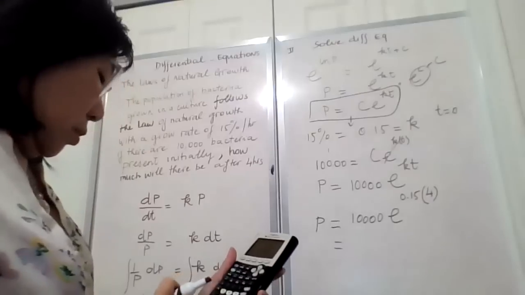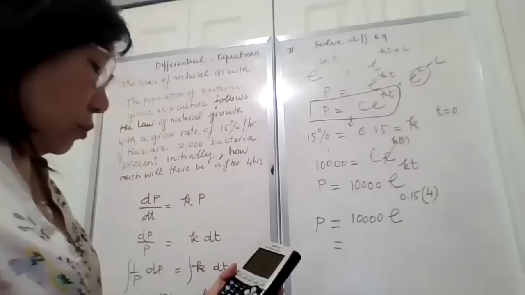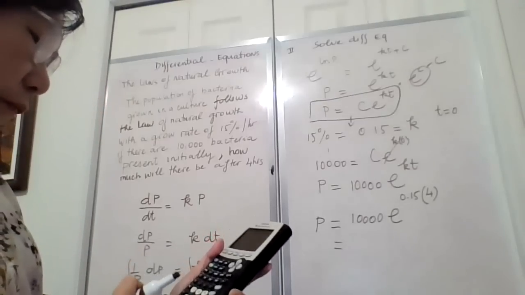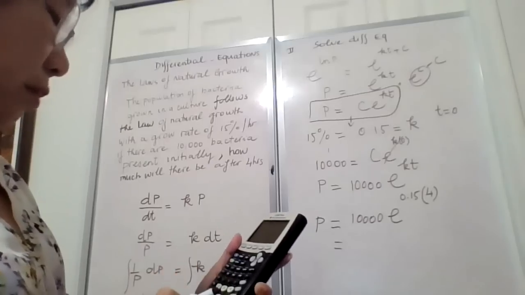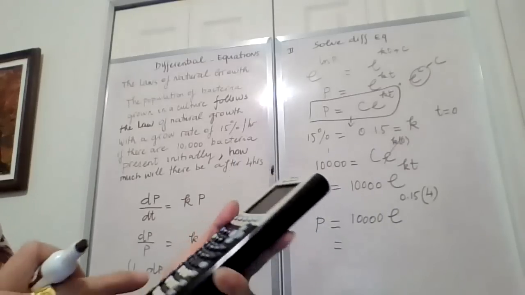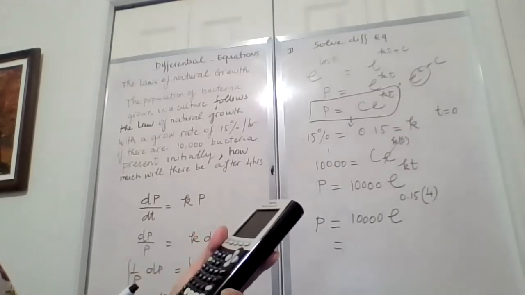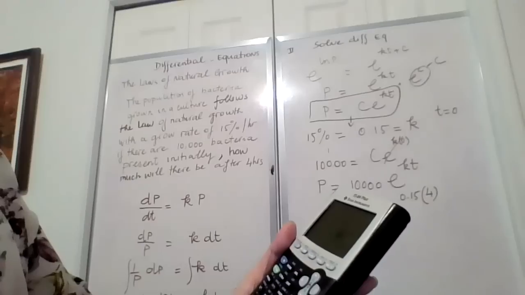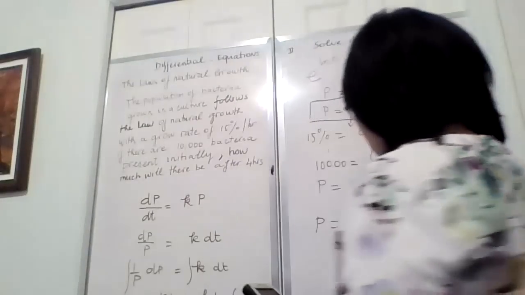We have e to the power 0.15 times 4, enter. So the growth factor is this much. Now we multiply this with 10,000. So we get 18,221.